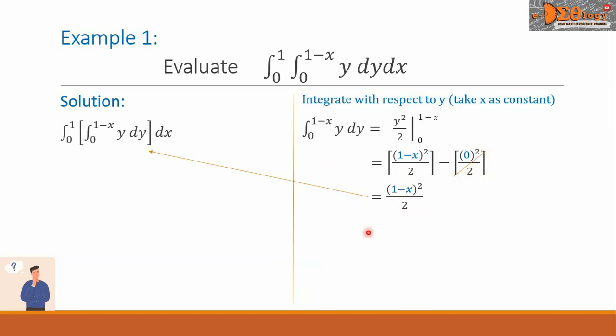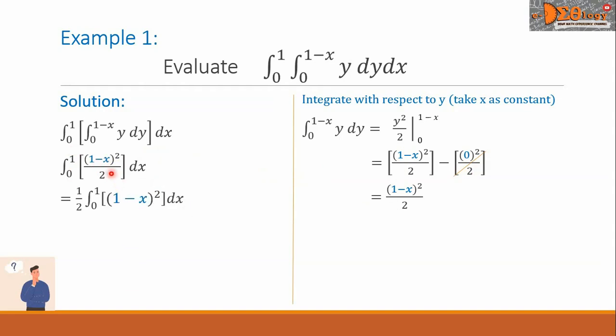Let us substitute this in our double integral here. So the simplified integral now is the definite integral from 0 to 1 of the square of the quantity 1 minus x all over 2 dx.